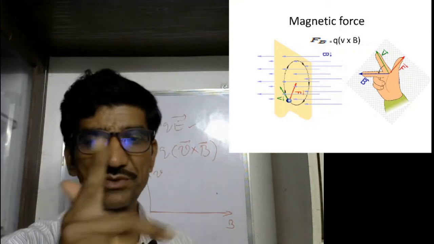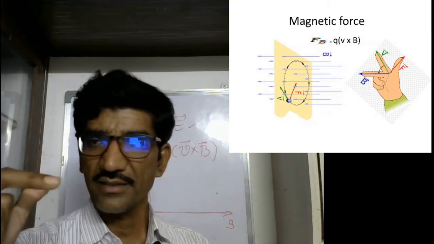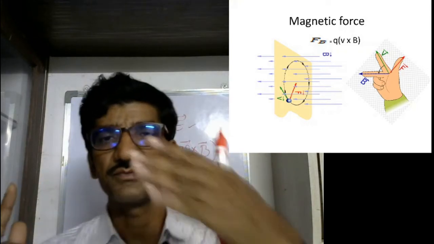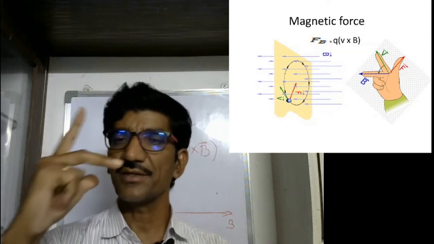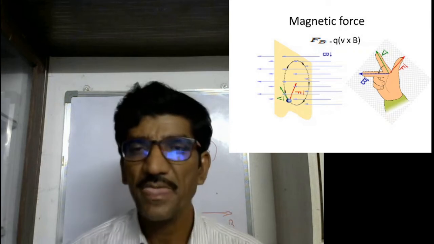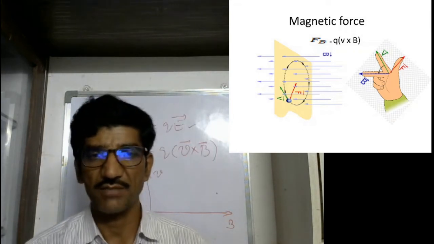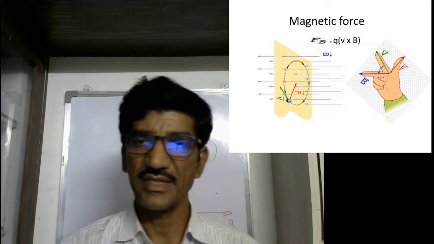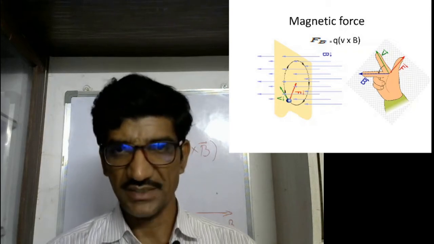Here if you place your two fingers in one plane, that means a plane which is immediately before you, then your thumb will point towards you. That means here the force vector will always be perpendicular to the plane in which two vectors V and B are present.